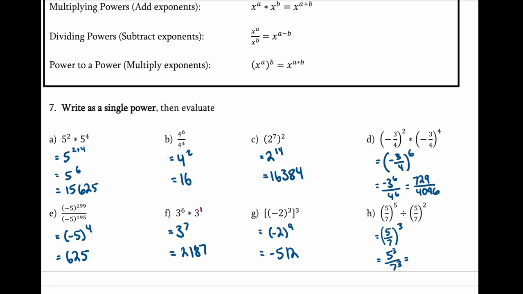So 5 to the power of 3 is 125 divided by 7 to the power of 3, which is 343. So that is our single power. Again, if we're asked to evaluate, leave it as a fraction, or evaluate it as a fraction. Do not turn it into a decimal. But on any assignment, I'll make sure that that's stated.